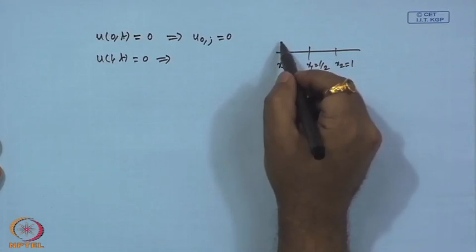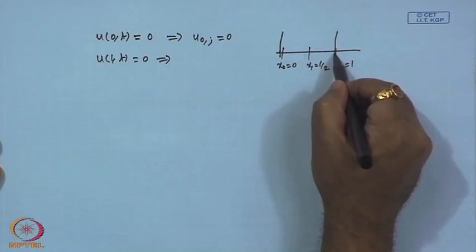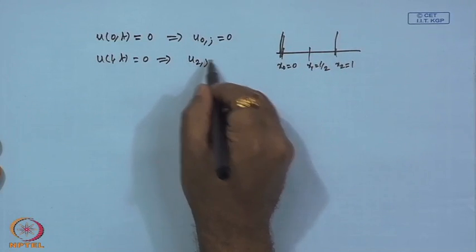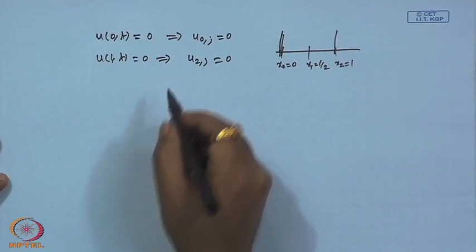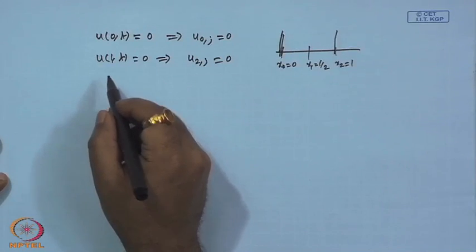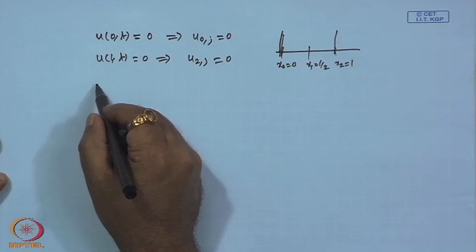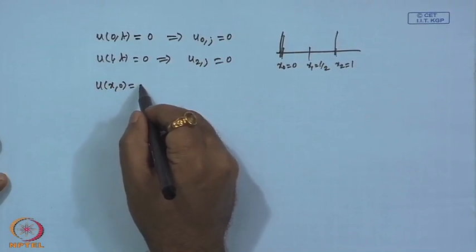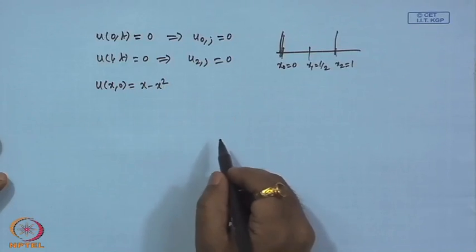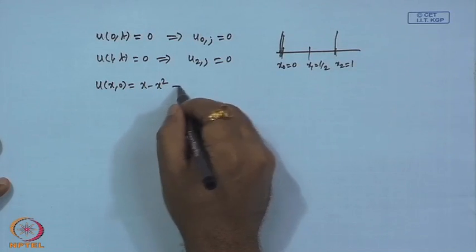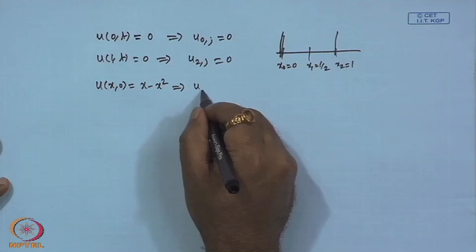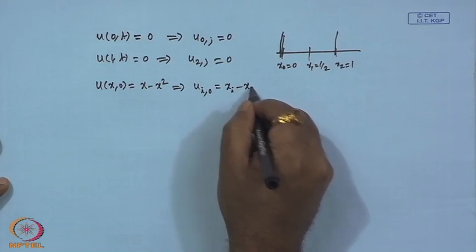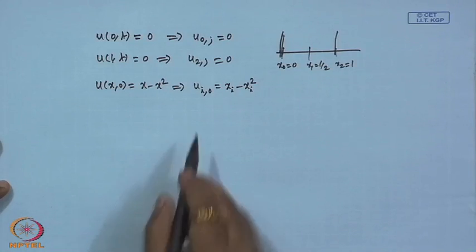So, this is the boundary. Okay. So, u_2,j is 0. Okay. Then the initial condition u of x, 0 is x minus x square. Okay. So, this implies u_i,0 is equal to x_i minus x_i square.